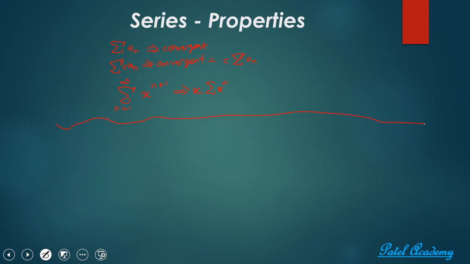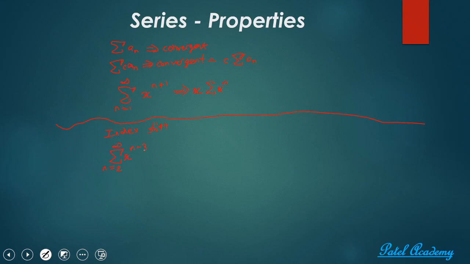Now the second property is called index shift. And while this can oftentimes seem intuitive, it's important to know exactly how this works in case a more complicated series comes up that you need to transform in order to use a certain test. So let's say I have the sum as n goes from 2 to infinity of x to the n plus 3.